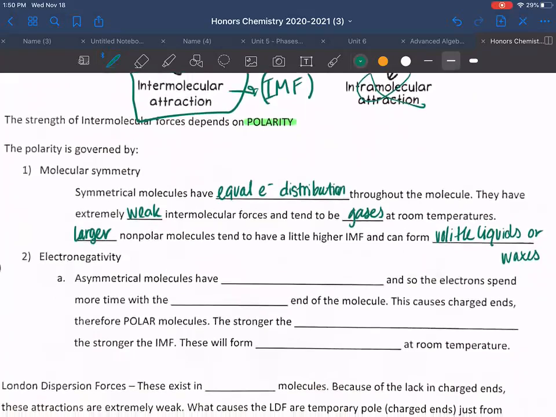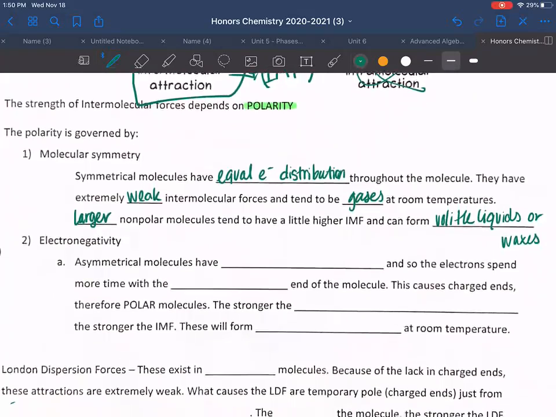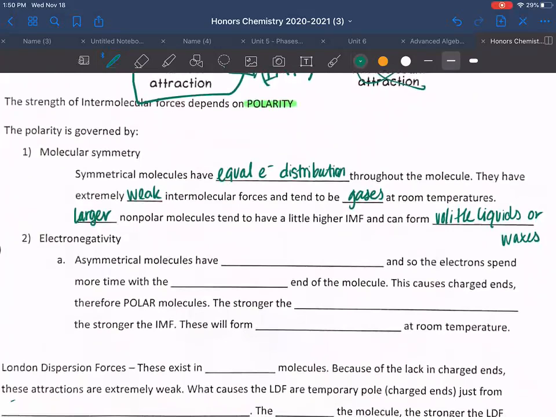And so the other thing we have to consider is electronegativity. Now when you have an asymmetrical molecule, they have unequal electron distribution. And so this creates the partial charges we see, because the electrons spend more time with the more electronegative atom.